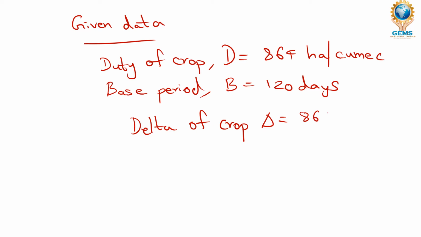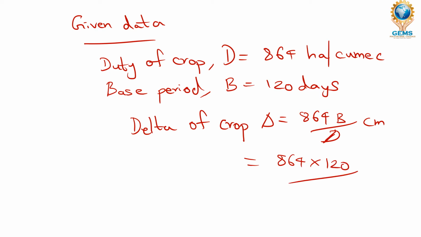Delta is equal to 864 B divided by D. This formula gives delta in centimeter, so kindly do it in centimeter. 864 into 120 divided by 864.